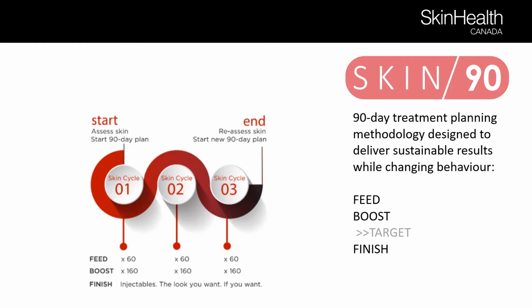And so what we wanted to do in developing a treatment plan to achieve any kind of a goal for a client, is give ourselves 3 skin cycles or 3 months to achieve the results that they're looking for. Obviously, each skin cycle and each week within each skin cycle, there's going to be progressive improvement towards their goal, but we're wanting to give ourselves enough time to see sustainable change.